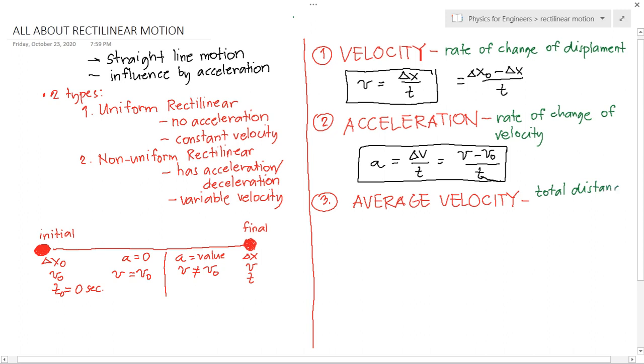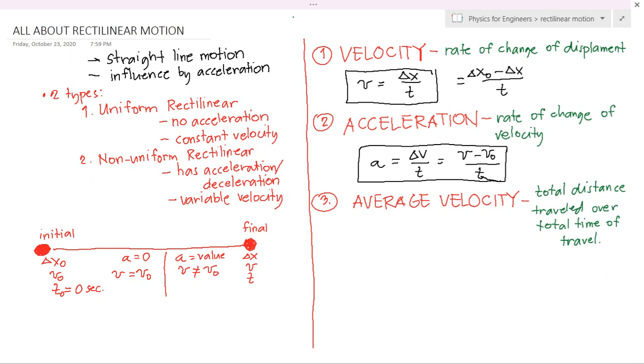So, yung total distance na na-traveled mo all over, syempre, since velocity meron kang time, so total din, yung total time of travel. So, ganun yung parang average velocity mo.